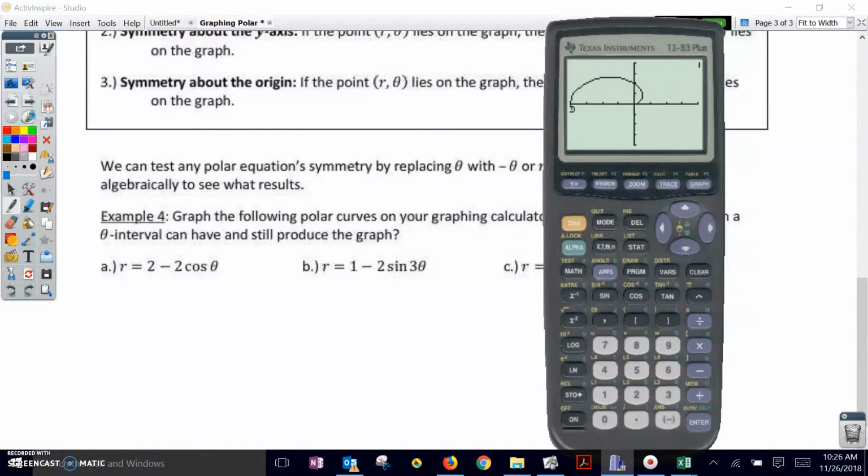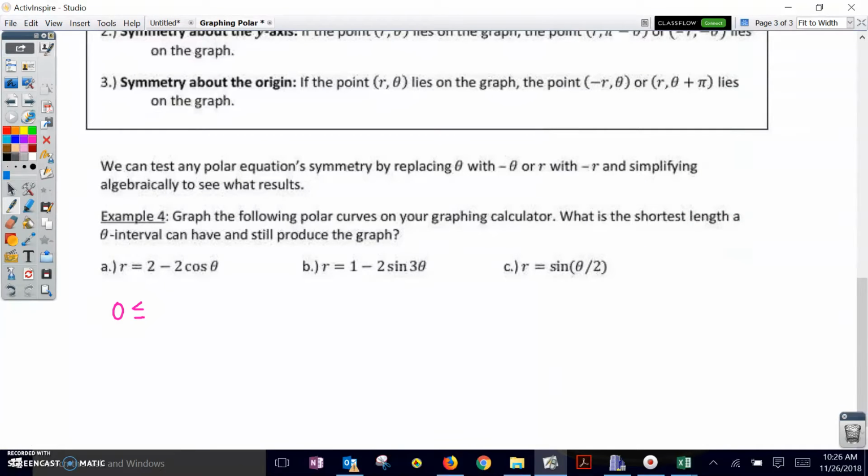And it draws the graph, and it stopped right when it got to the end. So a theta interval from 0 to 2 pi captures this entire graph.